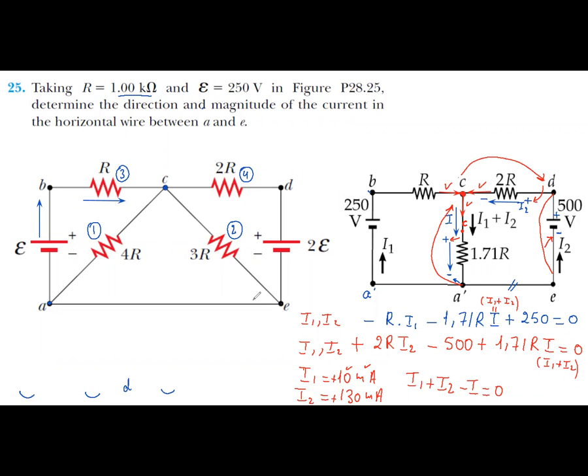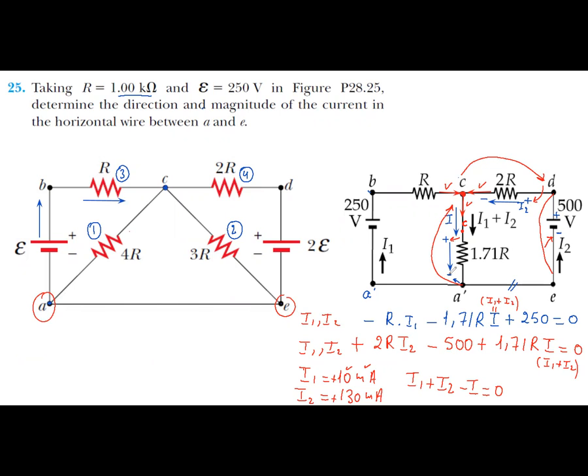We have the magnitude and the unit, and we have the right direction. This is about I1 and I2. Now, you know that the point A prime and E are the same. For example, here we have A prime and E, here we have A and E. We have nothing between, okay?